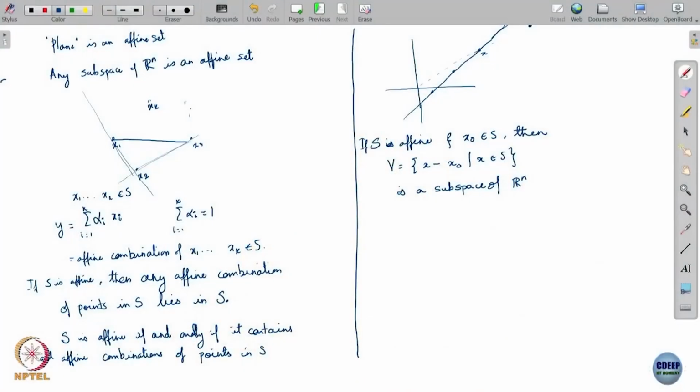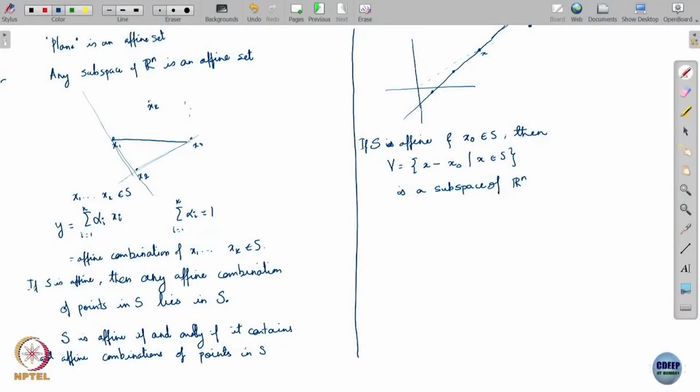So, an affine set is this sort of flat set which is not necessarily passing through the origin. I shift it, and it actually becomes a subspace after the shift. It does not matter what I shifted by. I can choose any x0 in S, and every x0 works just as well. So, an affine set, you should remember, is just a shifted subspace.